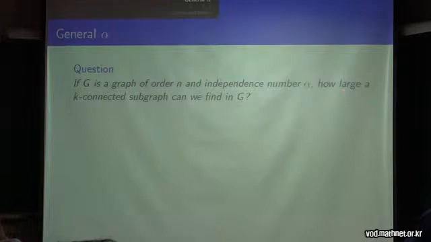How large in terms of order and k, where this is vertex connectivity. If I know the independence number, that somehow measures how sparse the graph is. So it's a very natural question to ask.